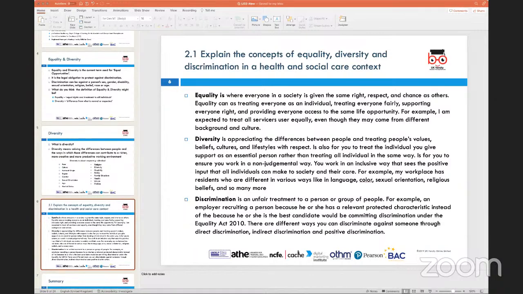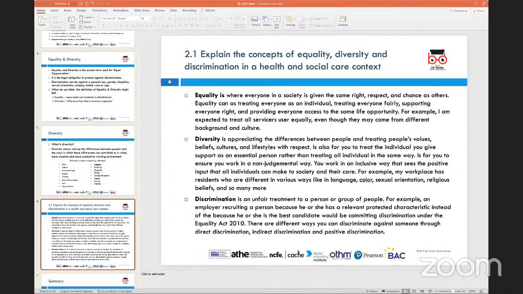When we talk about equality in health and social care, it means providing a high standard of care to all individuals, regardless of their personal characteristics such as age, gender, race, religion, disability, or sexual orientation. The aim is to ensure that everyone has equal access to care services and the same opportunities to achieve good health outcomes. That is essentially how we would equate equality within the health and social care context.